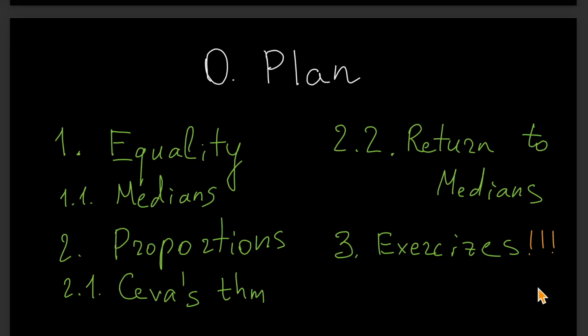Then we will try to apply this method to medians and fail, and then later generalize our method to use proportions instead of equality and obtain Ceva's theorem, which will instantly obliterate the problem with medians. And finally, I will give you a couple of exercises to solve, and I urge you to do so because that way you will understand the material better.